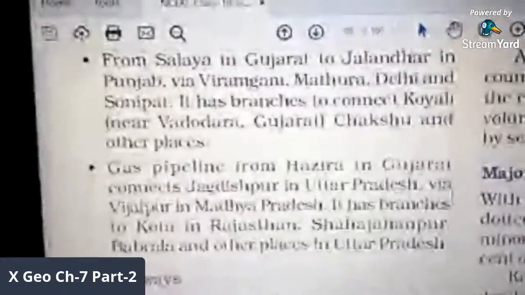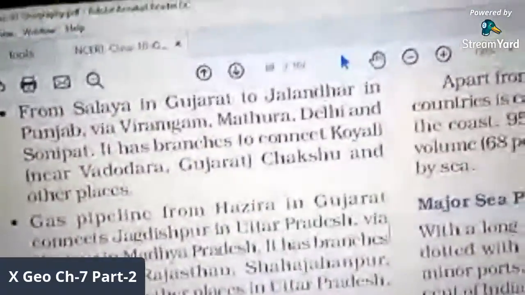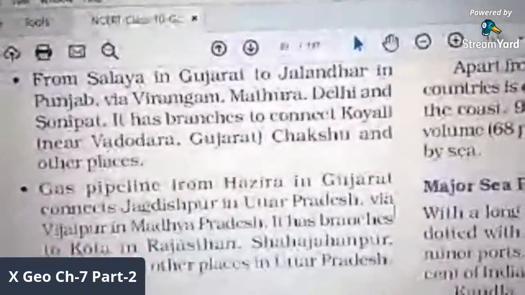So these are the three pipeline networks which you have to learn for your exam, and you are going to learn the importance of pipeline service in our country. The pipeline industry does not provide transportation for passengers, but of course it is important for supplying fertilizers, oil, natural gases, etc.